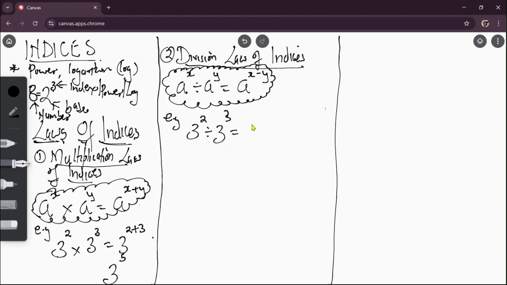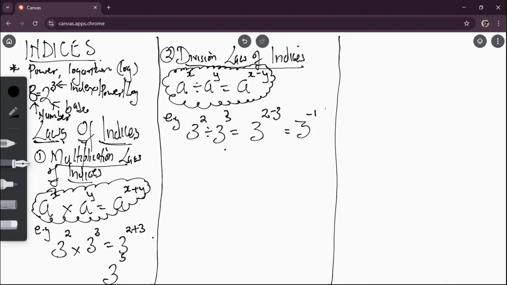This one is the same as 3, you take 2, you minus 3 here. So that the answer here will be the same as 3, the base here is 3, I write 3. Then I take 2 minus 3, which is the same as negative 1. So this is how this law is applied.